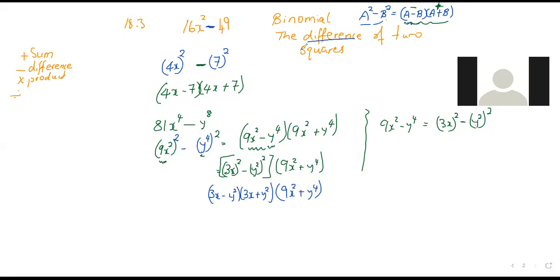On what you gave me is 18.1, and 18.1 says 3x minus b plus bx minus 3.